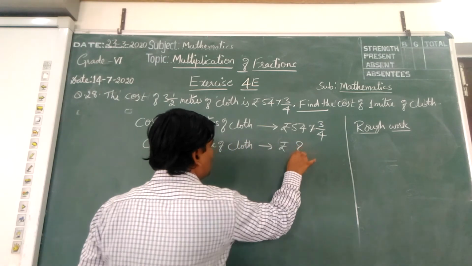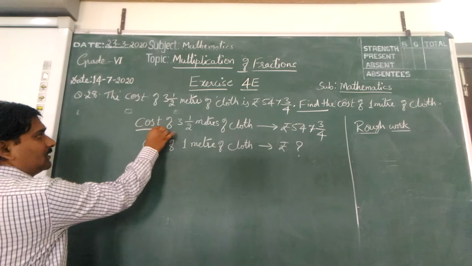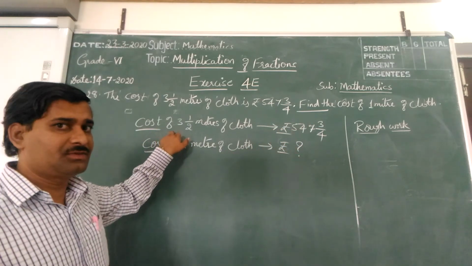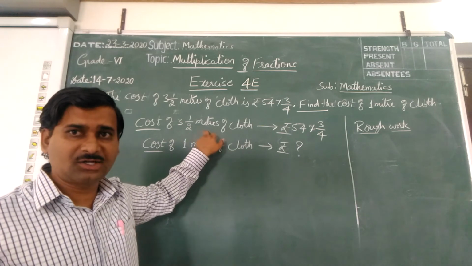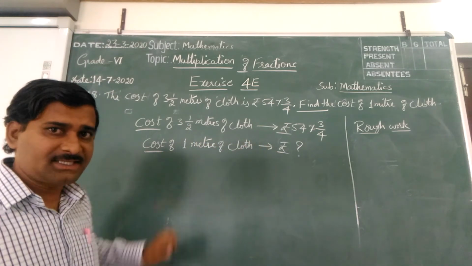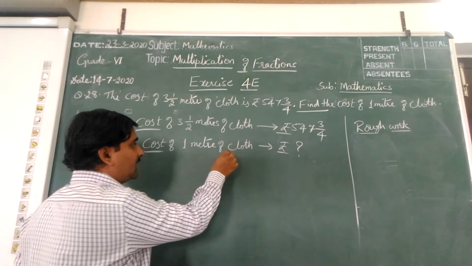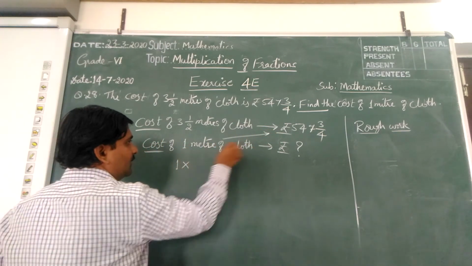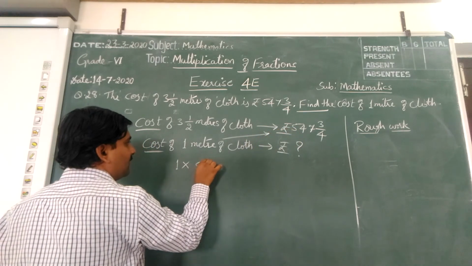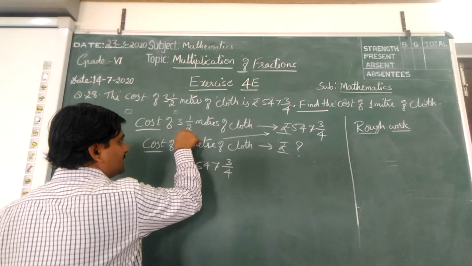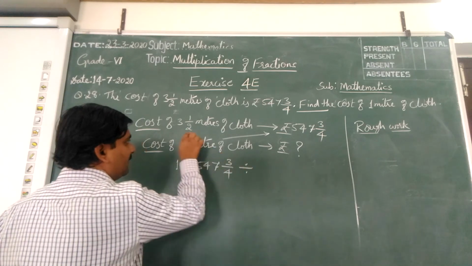That we don't know. See children here, same units: the cost of 3.5 meters of cloth is given, and we should find out the cost of 1 meter of cloth. As I said, unitary method, start from here. This into this: 1 into 547 3/4. I said this is divided by the first corner always.